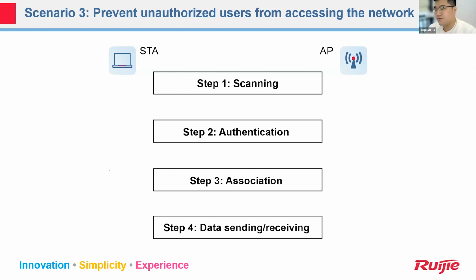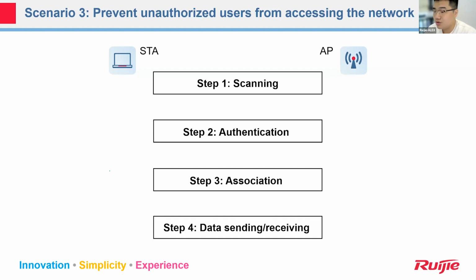If you find the WLAN you want to connect, you will click it, and then sometimes it is open. Open means you don't need to authenticate. But for most of the WLANs, you should do some actions to authenticate. For example, you should enter the password, or finish the authentication on a web page, or even use the client software, right?